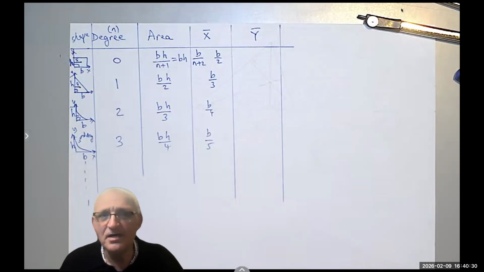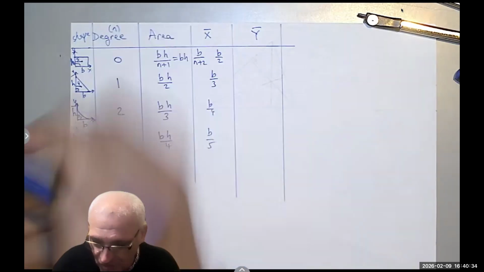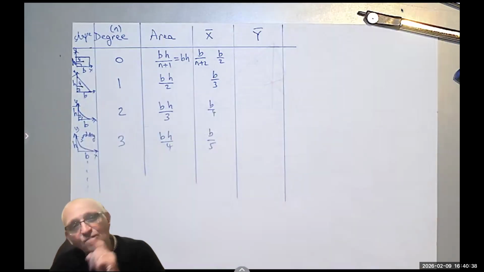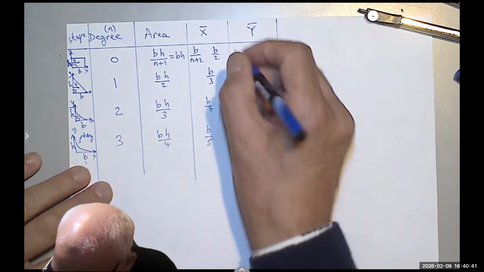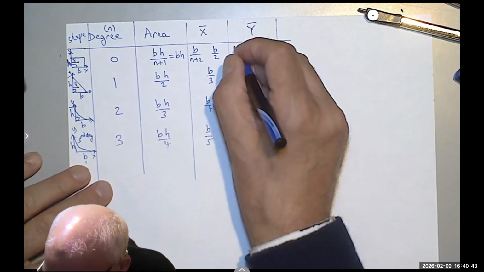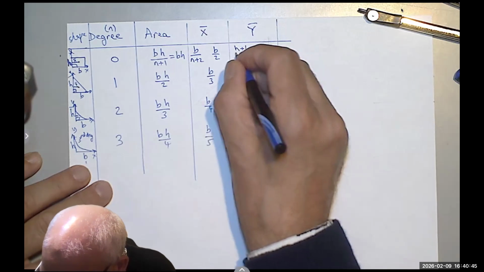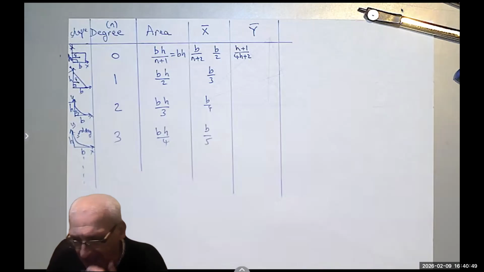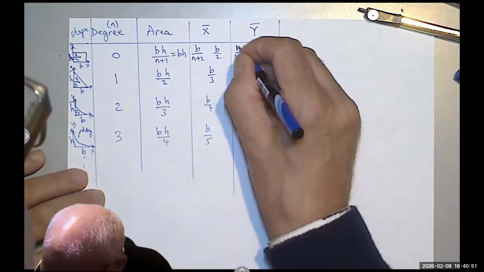How about the Y bar? Meaning, how high is the centroid? Well, it's H over 2, of course. But the equation is slightly different. The equation says n plus 1 over 4n plus 2. N. Why did I say H?